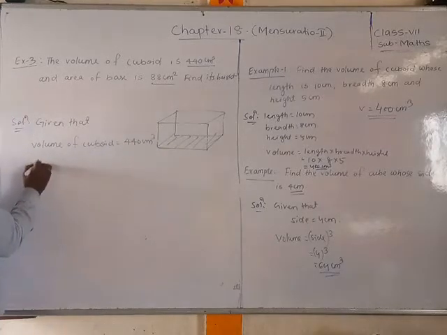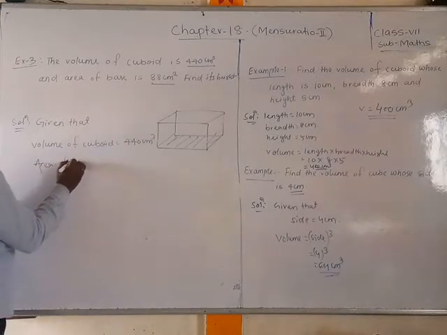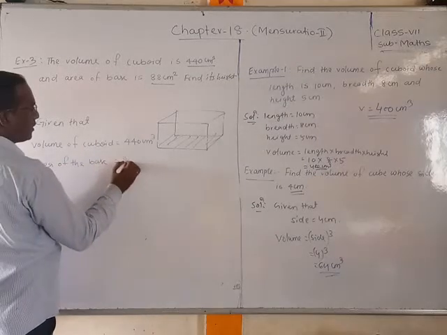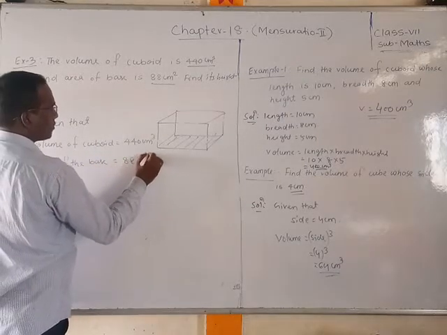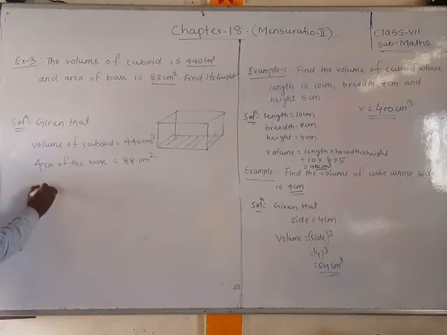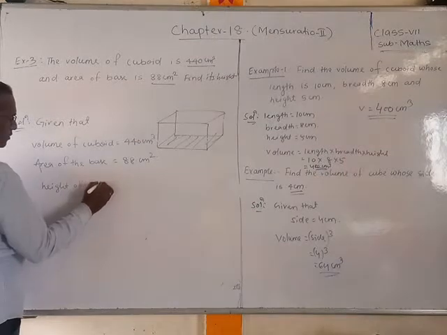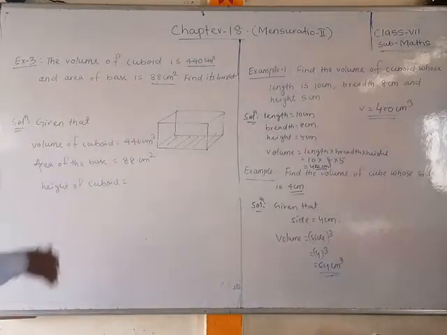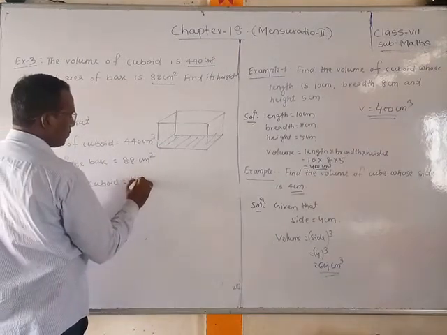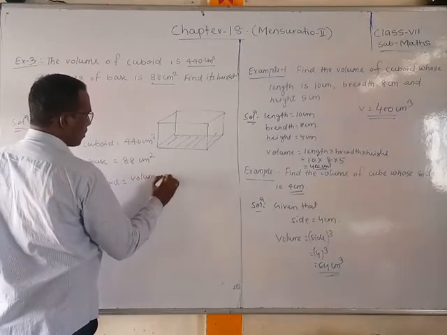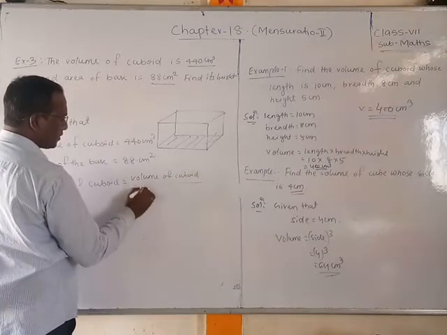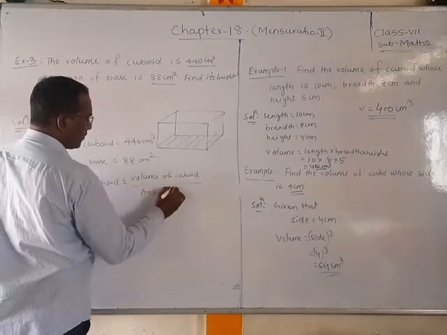And the area of the base is also given. Area of the base, how much is given, friends? 88 cm square. So what are they asking? The height of the cuboid. Remember students, the height of the cuboid formula we can also write directly: volume of cuboid by area of the base.